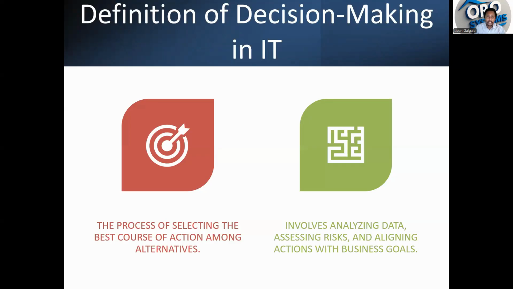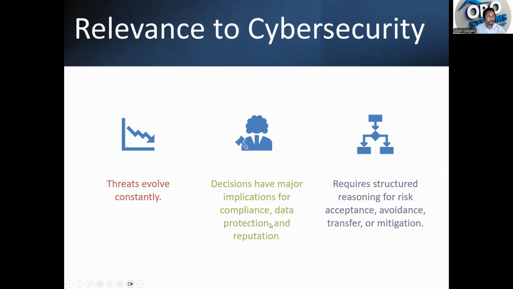It depends on the size of the company, whether it is a very small company, a school, or a big company. That's why they have to make the right decision with the right framework. It also involves analyzing data, assessing risk, and aligning action with business goals. Again, different stakeholders need to be involved, and based on that, they have to make the right decision.